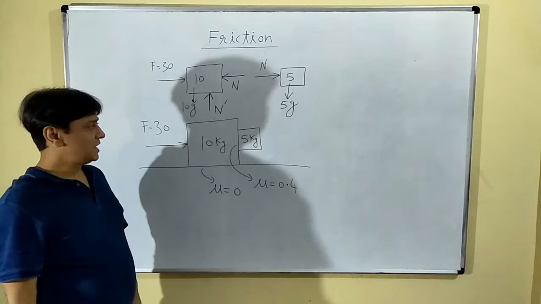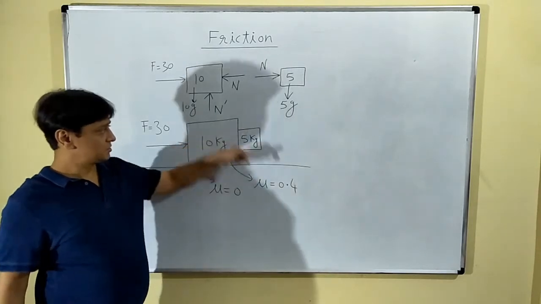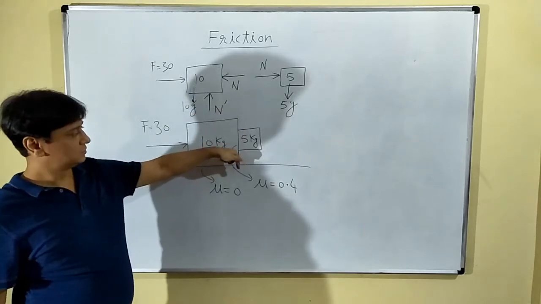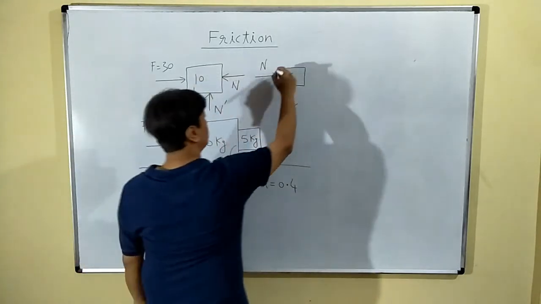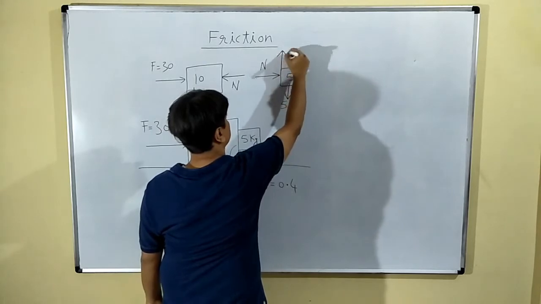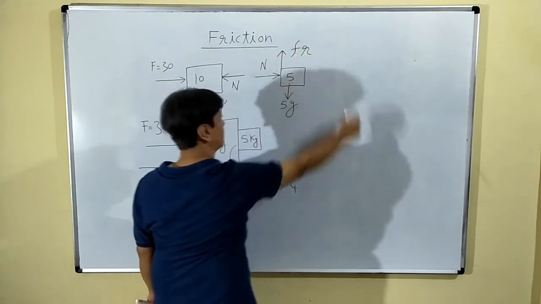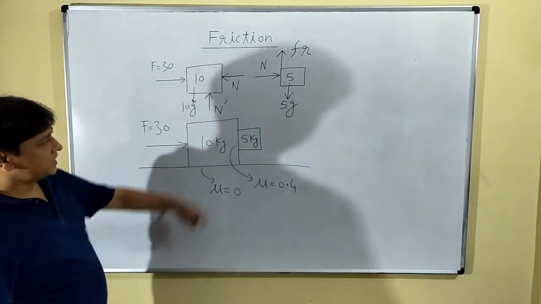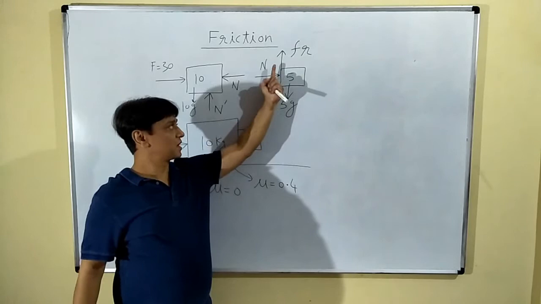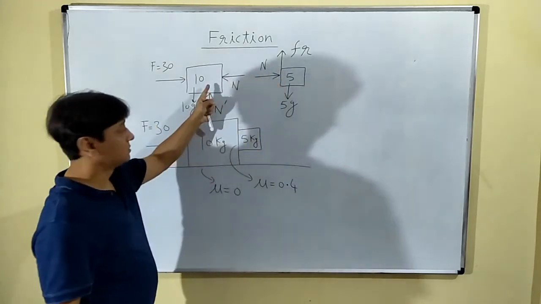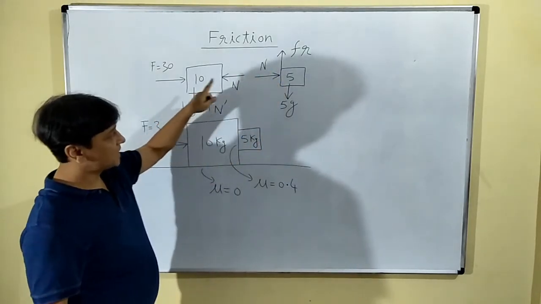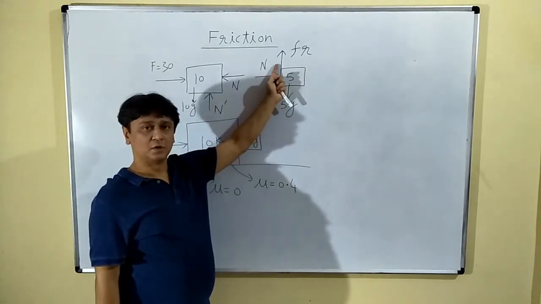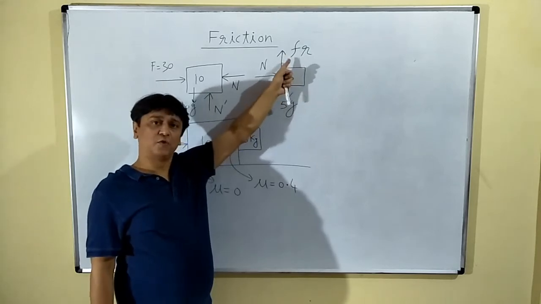Now everybody can feel that because of this 5g, this body has a tendency to slide downwards. To oppose this downward movement, what will act upwards? FR. So learn things here: who applied this FR on the 5 kg block? The 10 kg block is exerting FR on the 5 kg block in this direction. That means this is the action force.